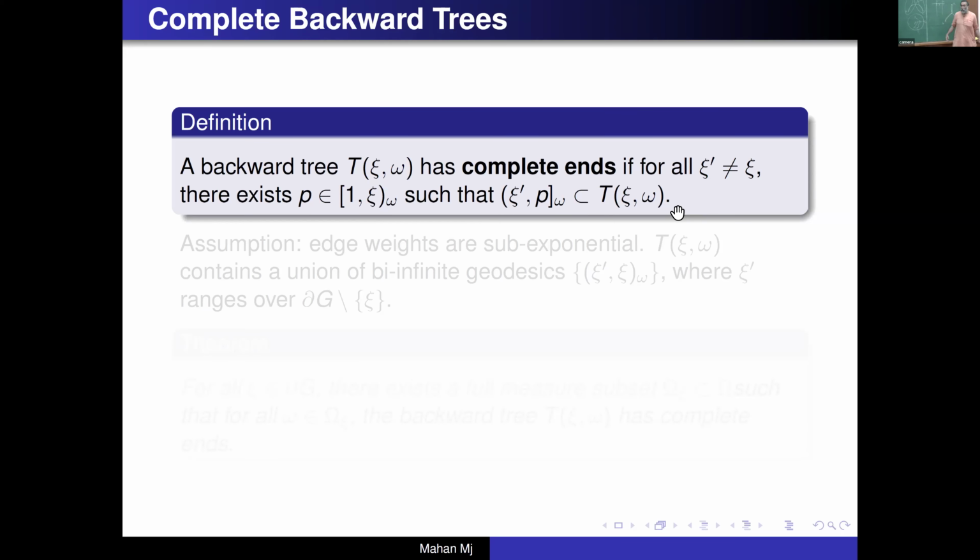You would like to say that things really come in from minus infinity and go towards plus infinity. So xi is your plus infinity, xi prime is your minus infinity. Every other point is minus infinity. In order to get around that, we have this notion: it has complete ends if this kind of irritating problem does not arise.